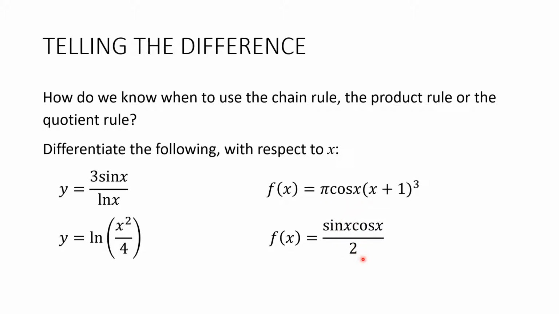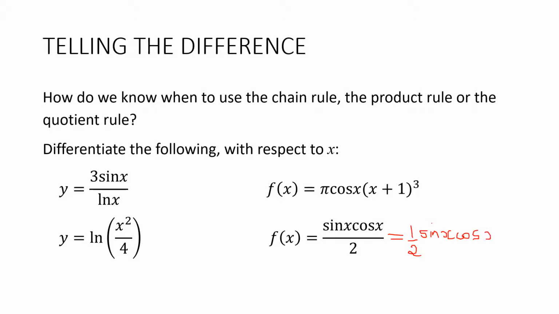And this is an interesting one too. This is not a quotient rule. Okay, this is a number. So it's not a function that's on the bottom like that one. So here we can just do this one as a half, and then sine x, cos x, and so that's just going to be a product rule.